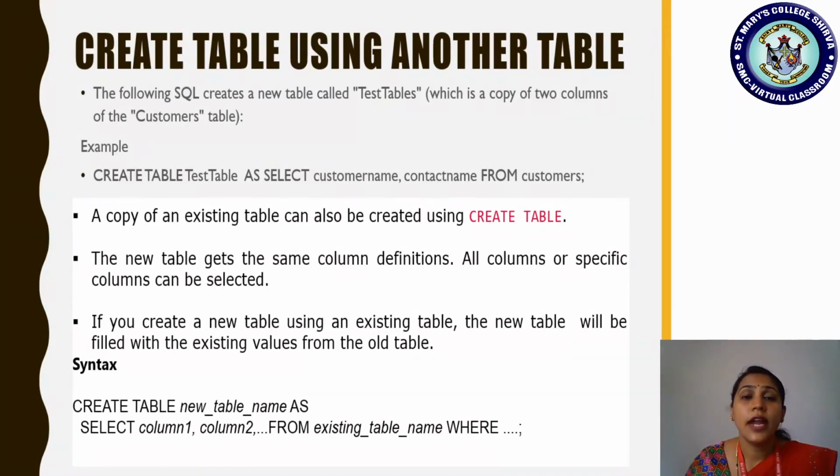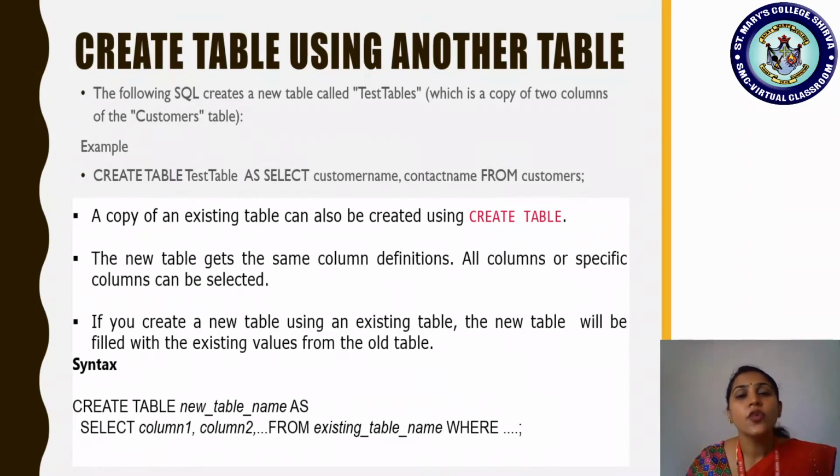So while creating the new table, the test table, it will also copy the values of the columns you have selected. In the discussions I showed you, the customer table had some 5 rows.